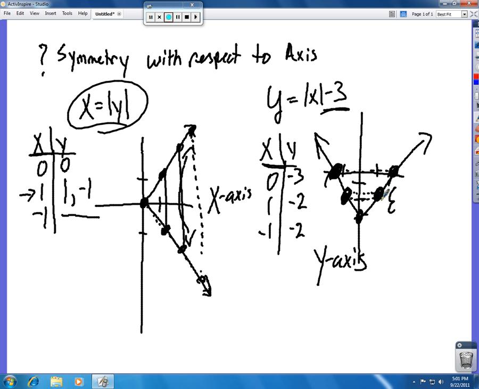As you can see, these are both at -2. These are both at 0, where y equals 0. And the same thing on this one over here. These are both at 1 on the x value. These are both at the same x value.